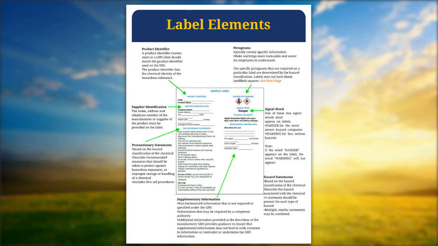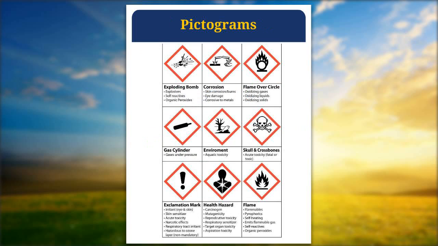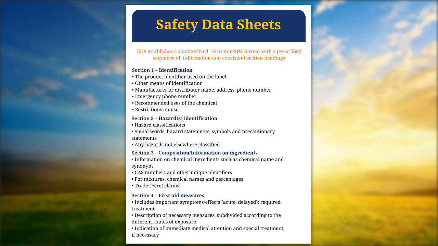OSHA has ruled that that does not fulfill its right-to-know requirements, but many end users use one of those systems for their own in-plant safety programs. So that HMIS and NFPA would probably be in one of the later sections. I don't recall the number, the regulatory one probably.